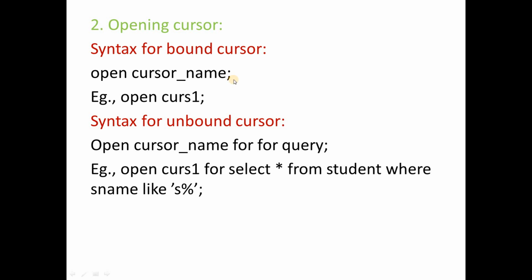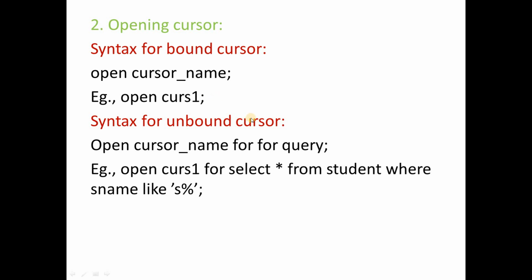Because at the time of declaration, we already bound this cursor name with a SQL query, at this time we only have to open that cursor. So open and then the cursor name variable is provided here. And here is the example: open cursor one. I hope you understood how to open a bound cursor.